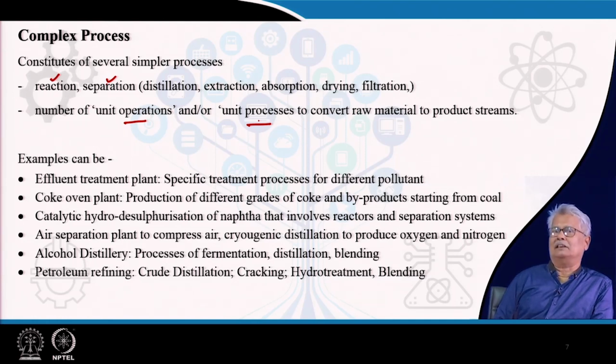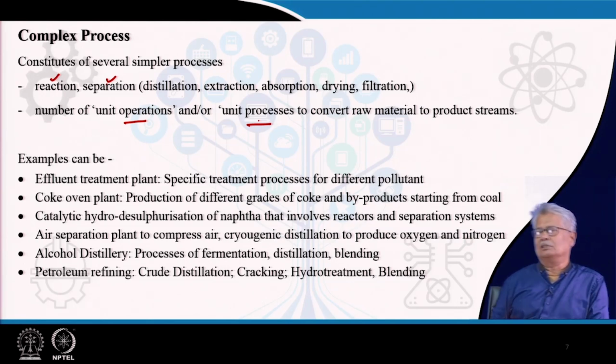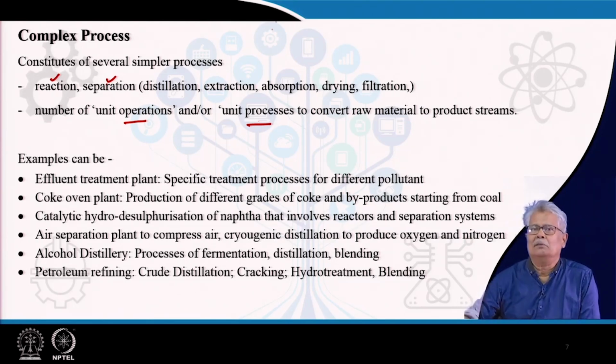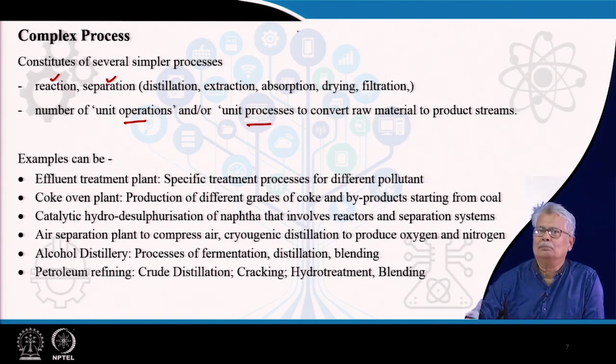In case of refining, the major process is that of distillation. Crude distillation is the first step in any refining process. But apart from this, you have other processes which could be cracking of hydrocarbon, hydrotreatment to remove certain impurities, and blending of streams. So, all these together make the complex process.